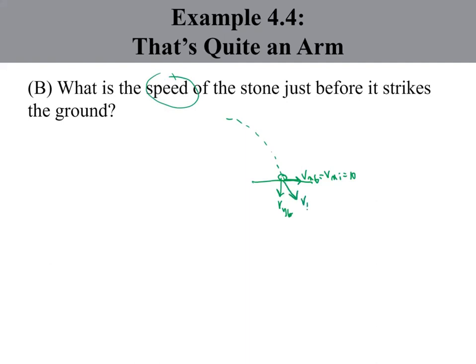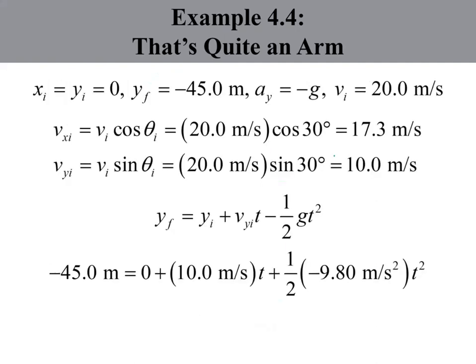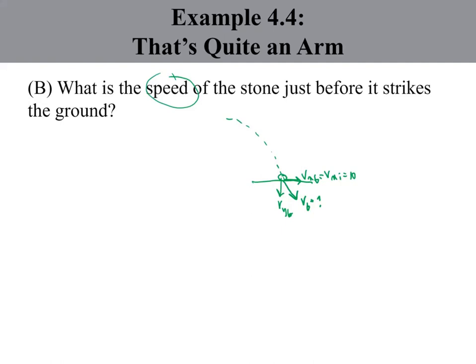So find v final. To find v final, we have to find vy final, and vx we already have. Let me check: x is 17.3. Okay, so vx is 17.3.